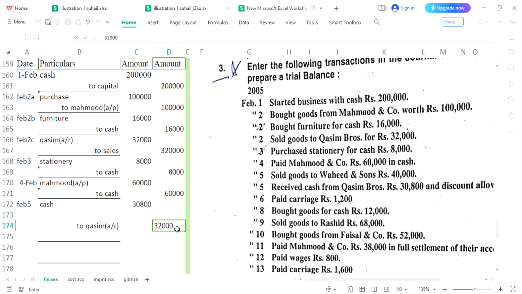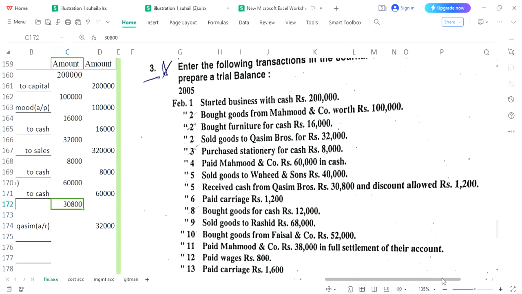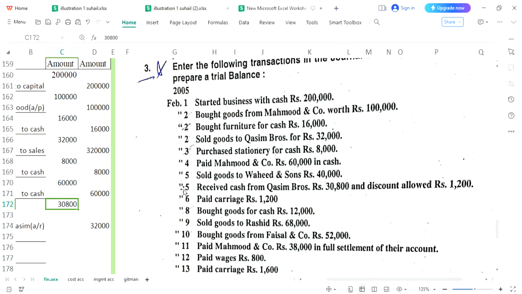Though it is not mentioned, we know the total amount receivable from Qasim was 32,000. You have received just 30,800, and besides that, as we have earlier seen, some discount is allowed to him. This is your February 5th, and the discount allowed is 1200, mentioned over here.